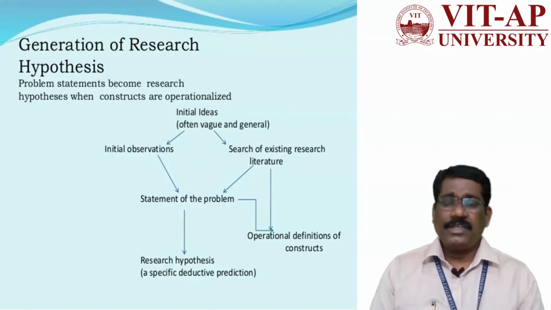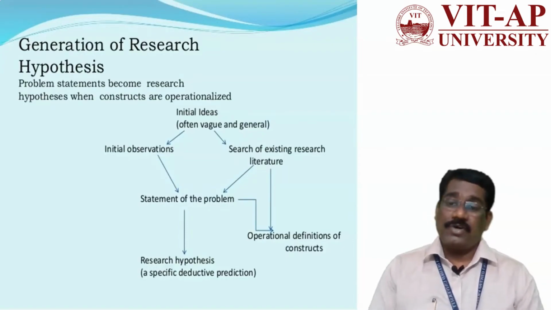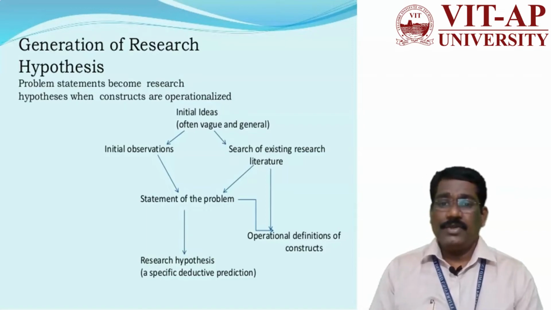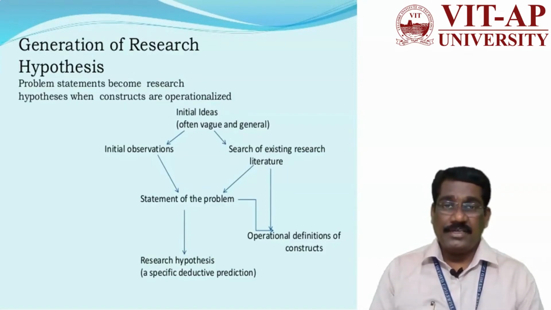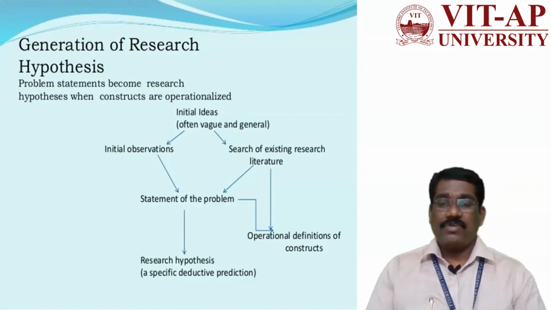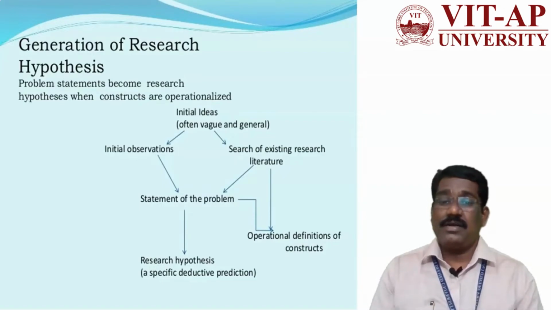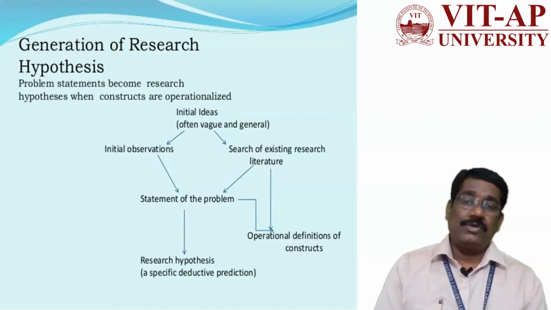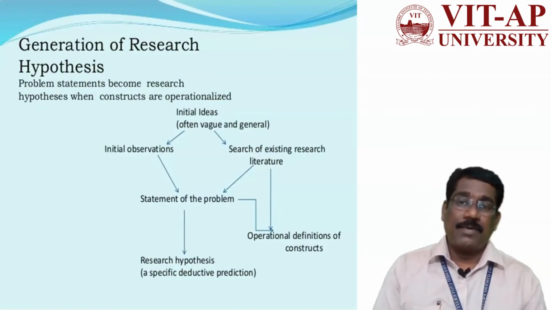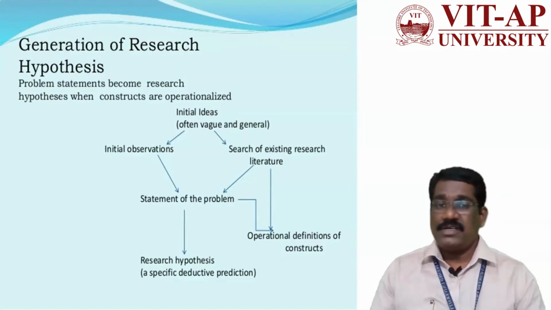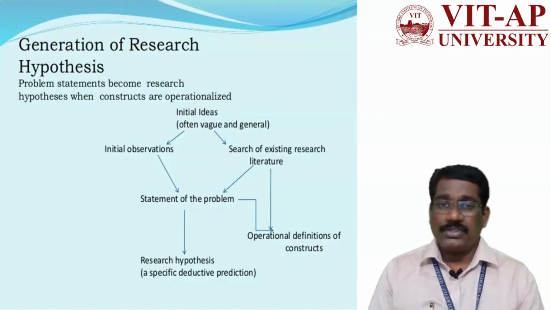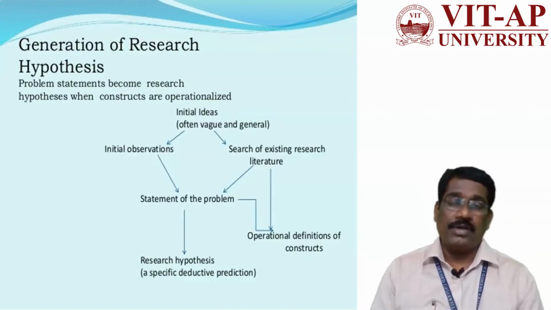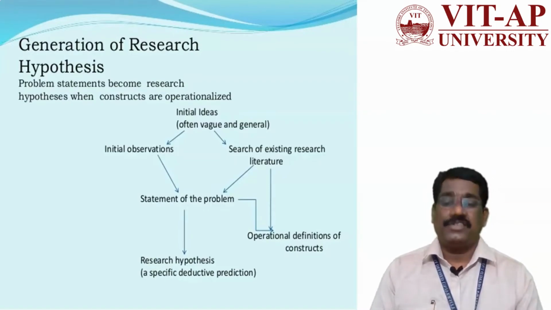So in the process of research hypothesis, you have an initial idea about the problem, often vague and general, and you do an initial observation pertaining to that problem. Next, in order to address the problem, you explore whatever relevant secondary data is available through your existing research literature.